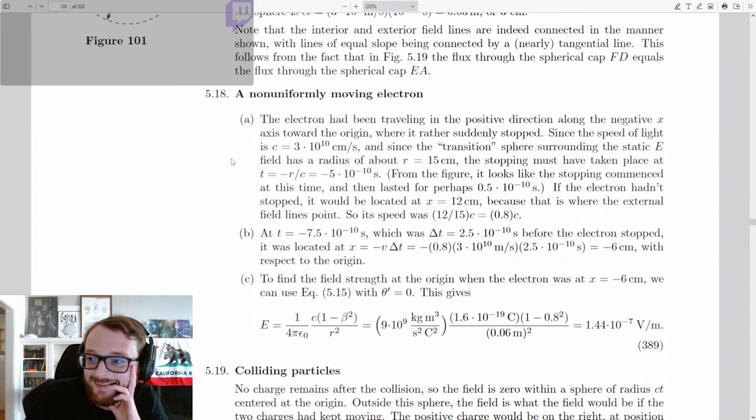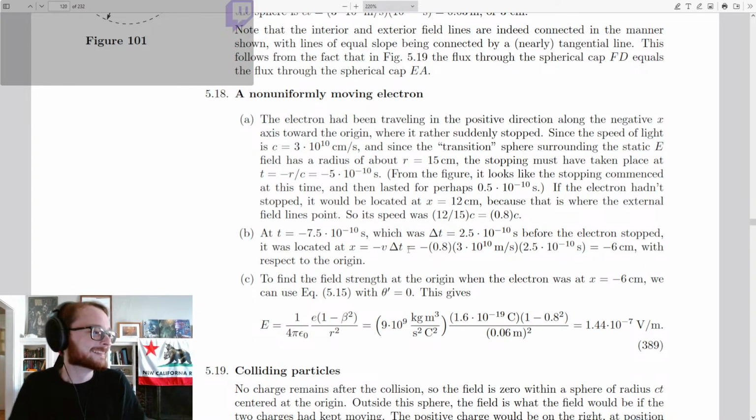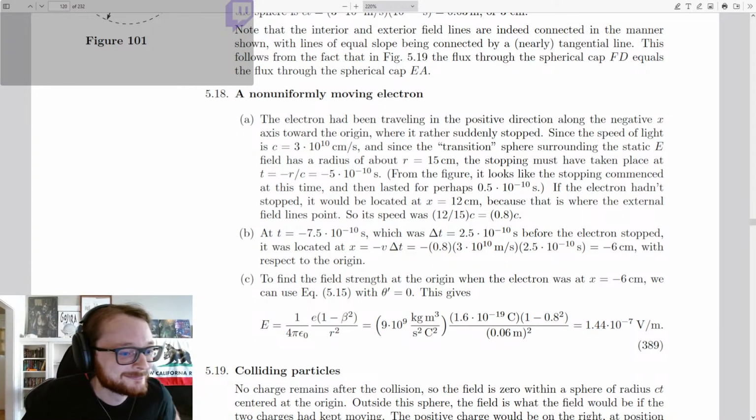Nice work. Oh, nice. We look at x equals 12 because that's where the external field lines point. So it's 12 over 15c, which is 0.8c. Yep. 100%. Nice. You did it. Hooray.